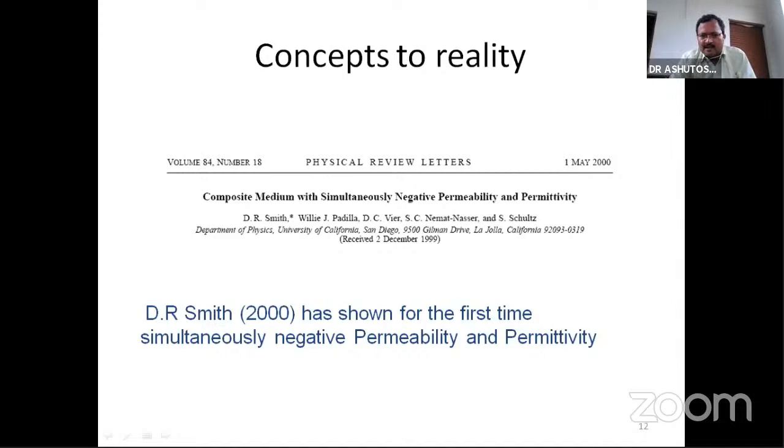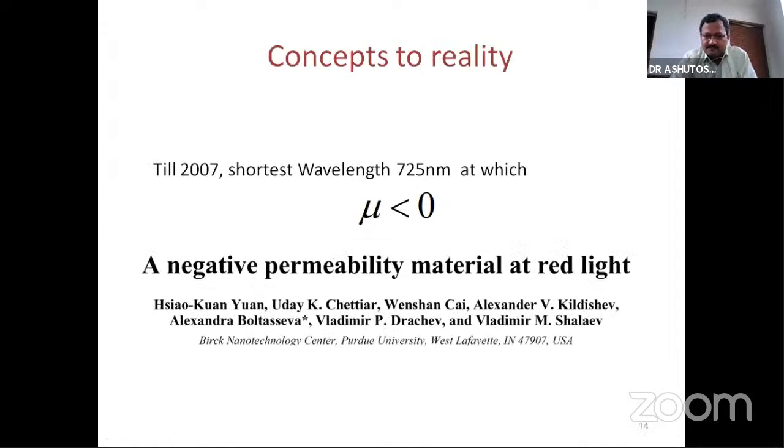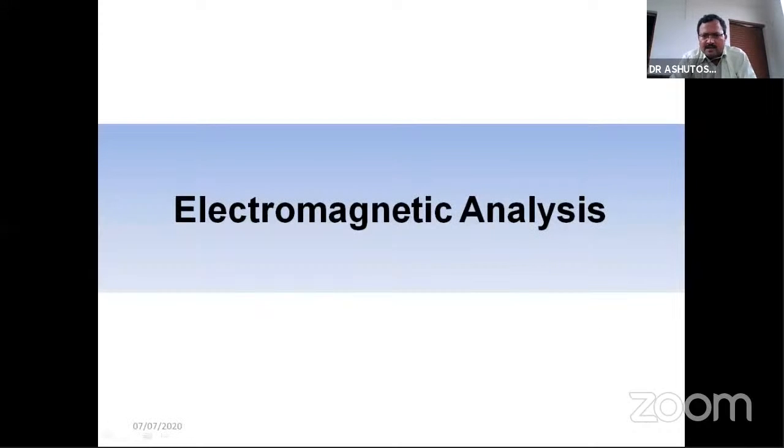And J.B. Pendry, in the same year, gave the major breakthrough by utilizing this negative epsilon and mu by making a perfect lens. And mu is negative at 725 nanometer, which was shown in the same year, till 2007.